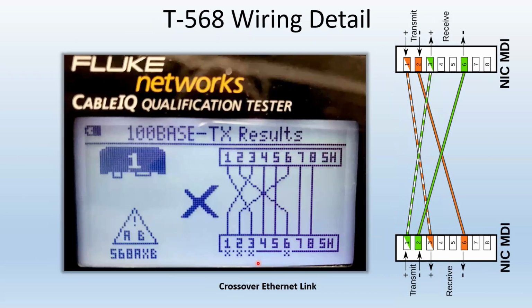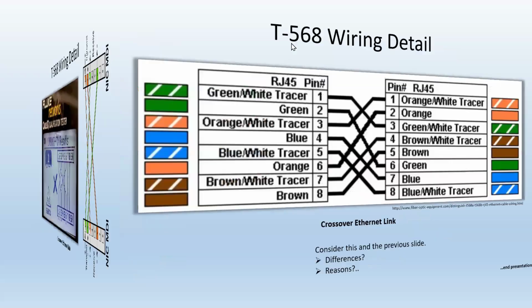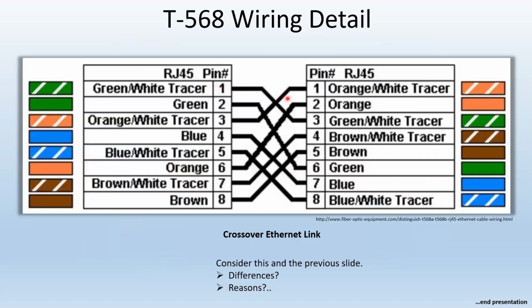You're going to have some form of this, maybe with some blues drawn straight and the browns drawn straight. And you're going to have some version of this type of picture, and they're both going to be named as crossover Ethernet link.